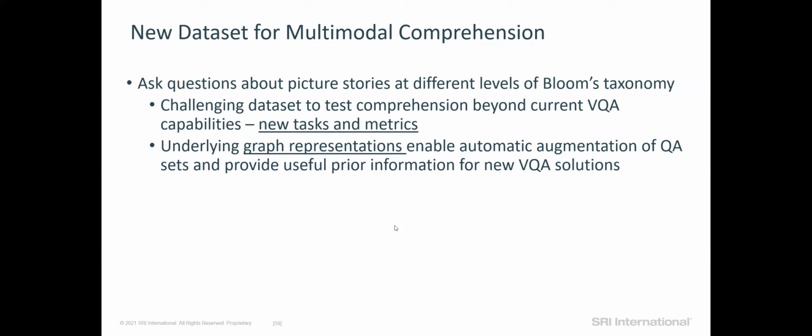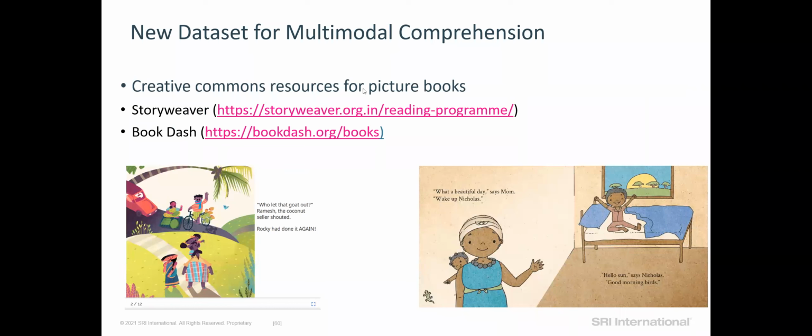So we want to come up with a challenging data set, and we want to develop underlying graph representations, because if you have an underlying graph representation, you can automatically generate variations of questions very quickly, right? And that is so that then you can generate lots and lots of questions. And therefore, even though your core questions may be very few, you can generate a very large question set in a seamless fashion, right?